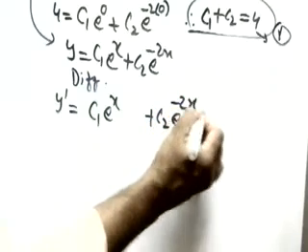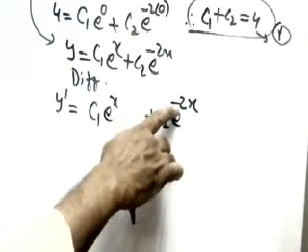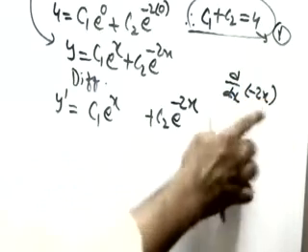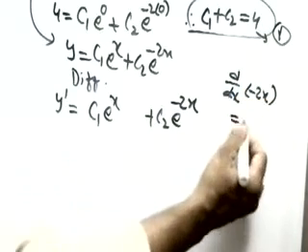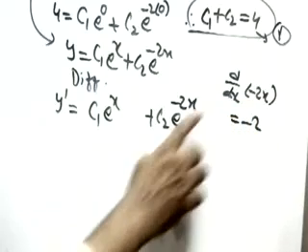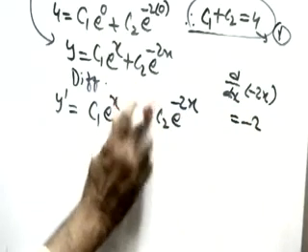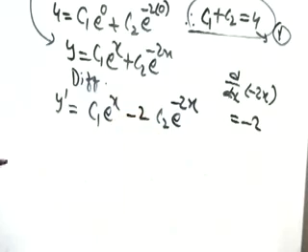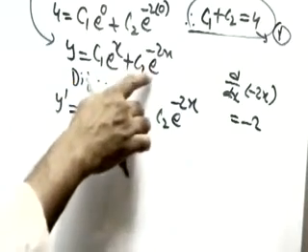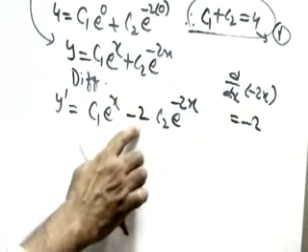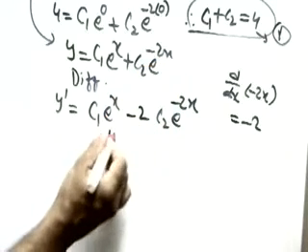Similarly, plus c2, d by dx of e power minus 2x: again we have to differentiate minus 2x, which gives minus 2. So d by dx of e power minus 2x is e power minus 2x times minus 2.